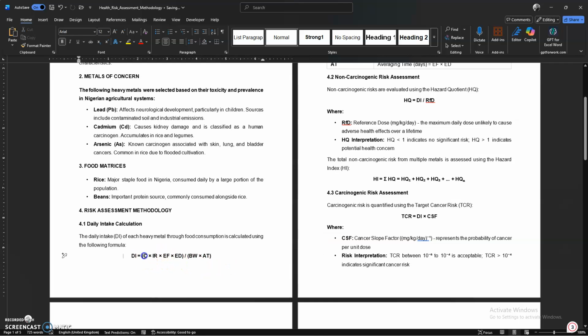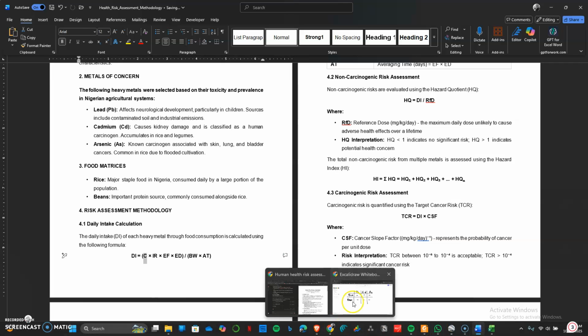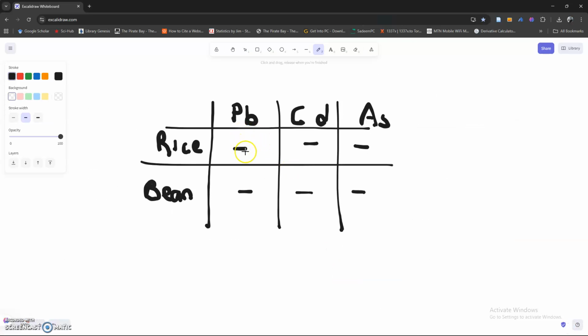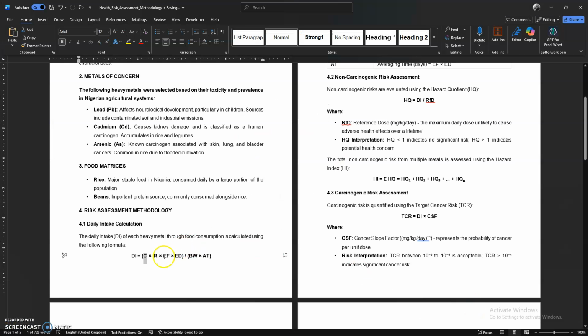So we've obtained our C from doing our lab test here. What is left now is your ingestion rate. You obtain this ingestion rate from a survey.